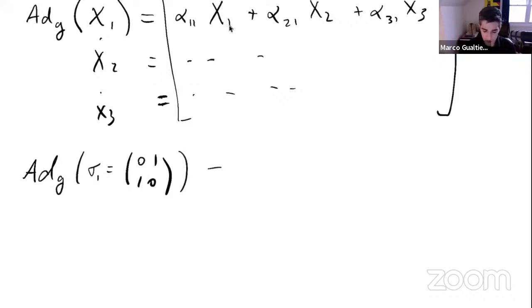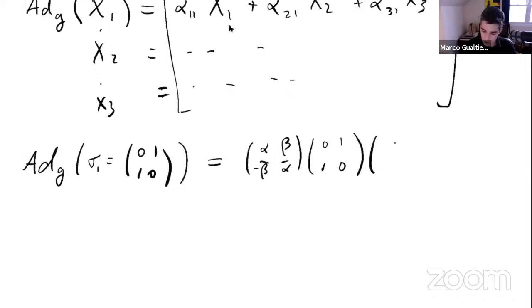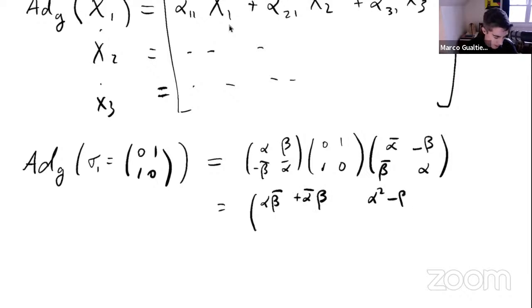So if I figure this out, this will be alpha, beta, minus beta bar, alpha bar, times 0, 1, 1, 0, and then the inverse of this, which is just alpha bar, minus beta, beta bar, and alpha. And if I work this out, you'll get alpha beta bar plus alpha bar beta, alpha squared minus beta squared, alpha bar squared minus beta bar squared, and then minus alpha beta bar minus alpha bar beta.